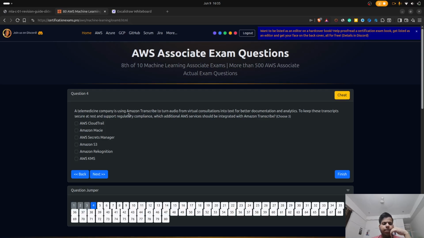A telemedicine company is using Amazon Transcribe to turn audio from virtual consultations into text for better documentation and analytics.